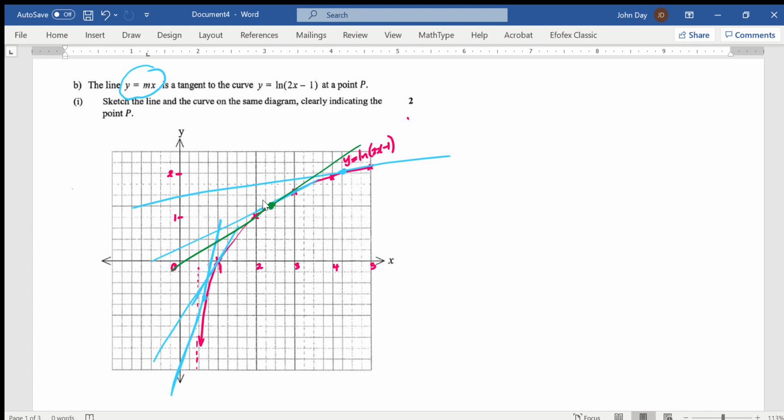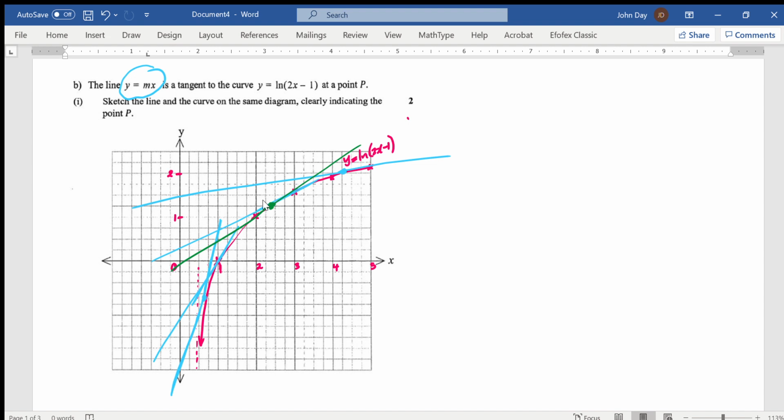And I think that would be good enough for them in the HSC to clearly indicate that. But I'm just going to work out fairly precisely where that point should be to make this work out.